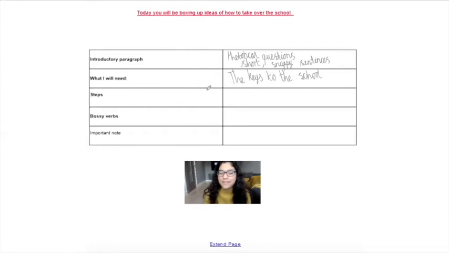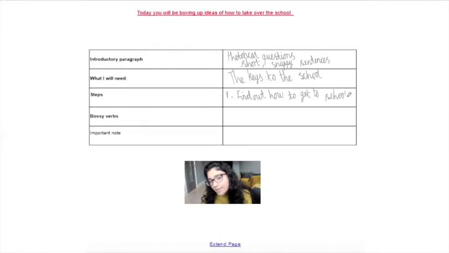Now the steps. How to take over the school, what steps would be required? I would definitely make sure I'd write number 1, because this would be my first step, get to school, because you can't take over the school if you don't know how to get there. So find out how to get to school.